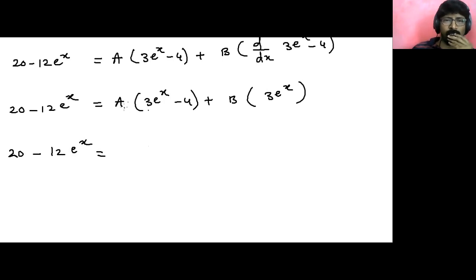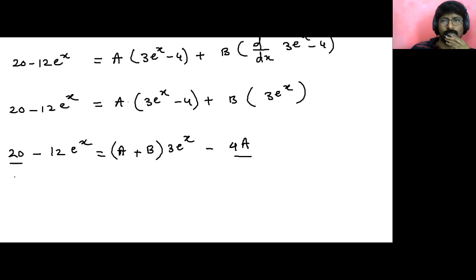So we can do that: a plus b into the bracket 3 e power x, because 3 e power x is here also. So I could write a plus b and minus 4a. Now we can compare the constant with the constant.